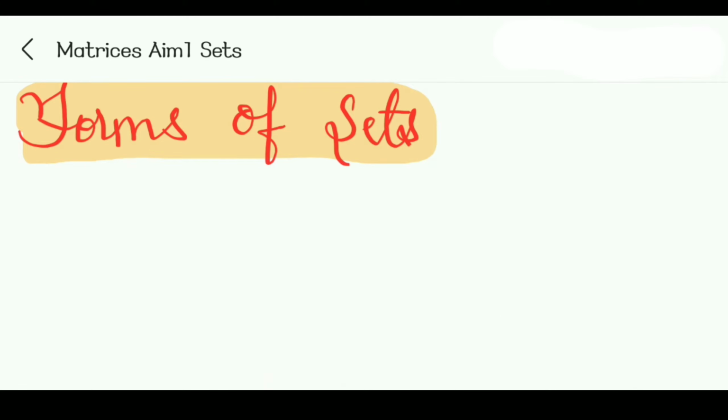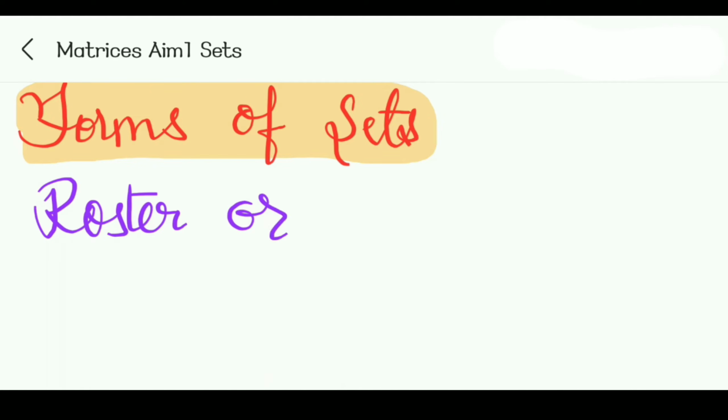Now we shall discuss forms of sets. There are many different forms of sets, so let's get into this topic. The first is roster or list form. In this form, the elements of the set are listed.